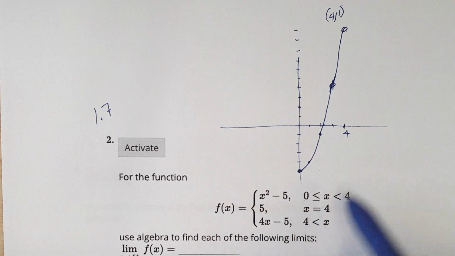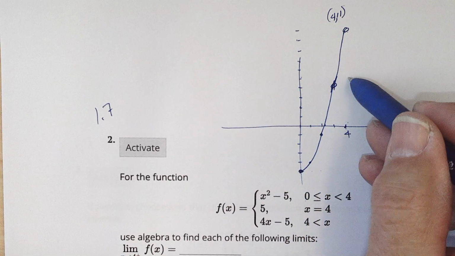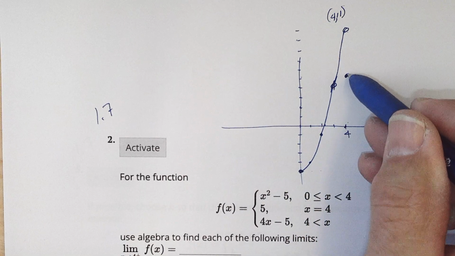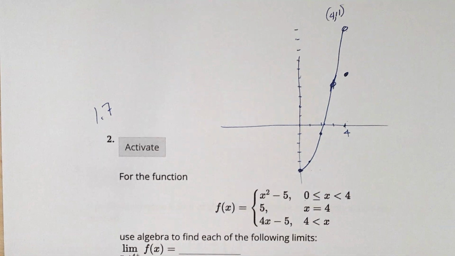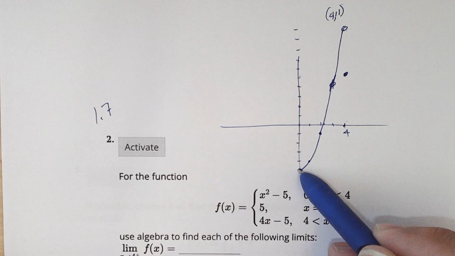Then it says at 4, be at 5. So that means it's putting a dot there, and that's only that place. And after 4, when x is bigger than 4, do this. Well, this is a line of slope 4 starting at negative 5.